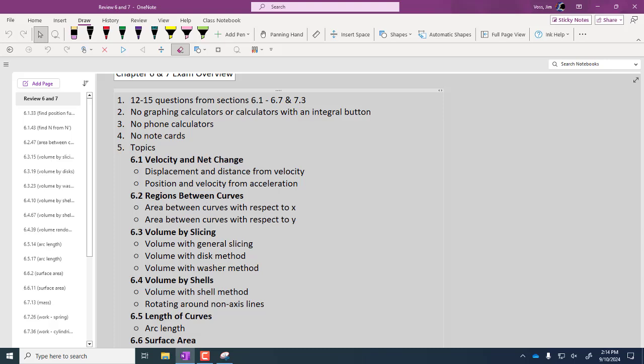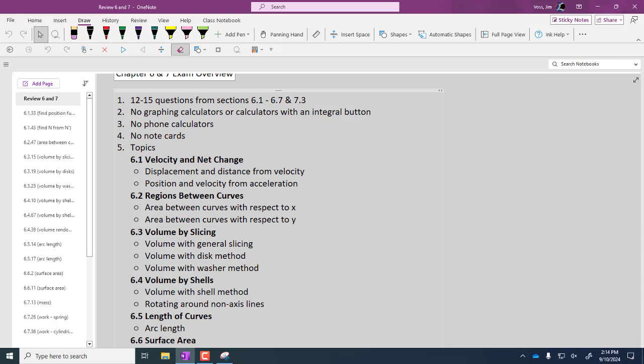You can type in any integral and it will give you the answer, so you can check any integral you want with that calculator. Yeah, you have an integral button though, right? Where? I'll show you later. Let's keep going. I don't have time to talk about every calculator.